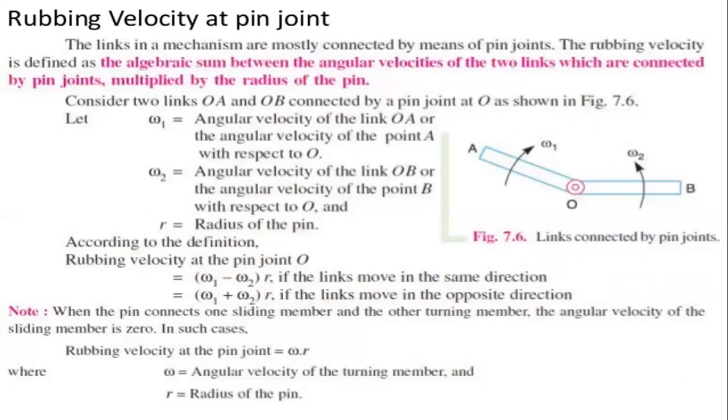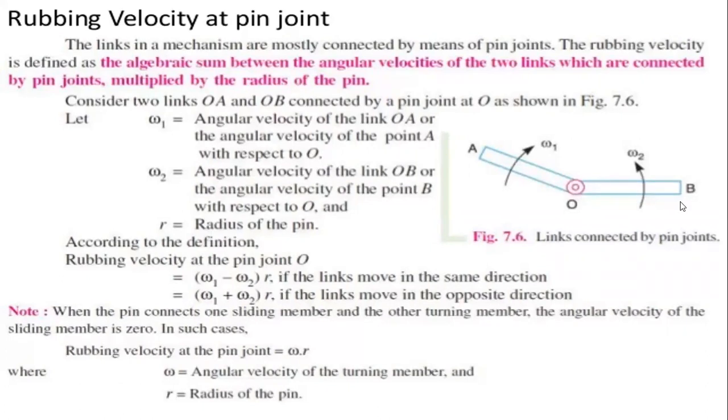In such cases, the rubbing velocity at the pin joint is taken as omega into r. That is the represented value for the rubbing velocity at the pin joint O, where omega is the angular velocity of the turning member and r is the radius of the pin.